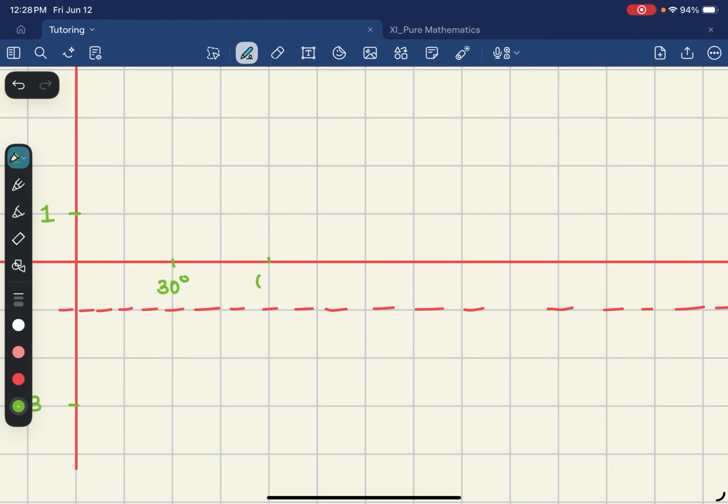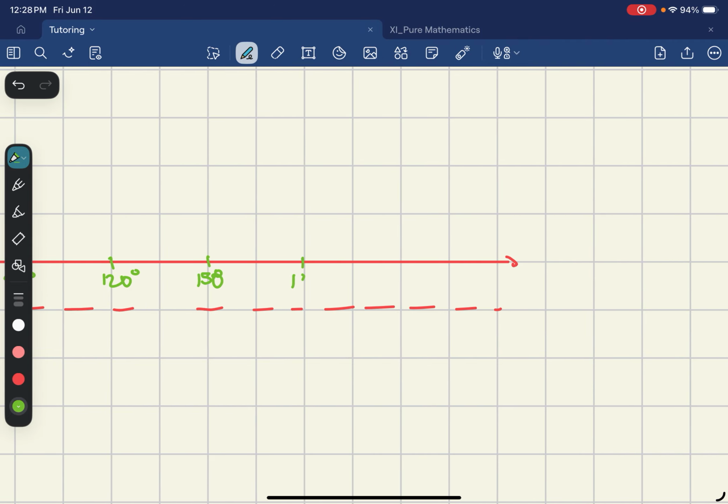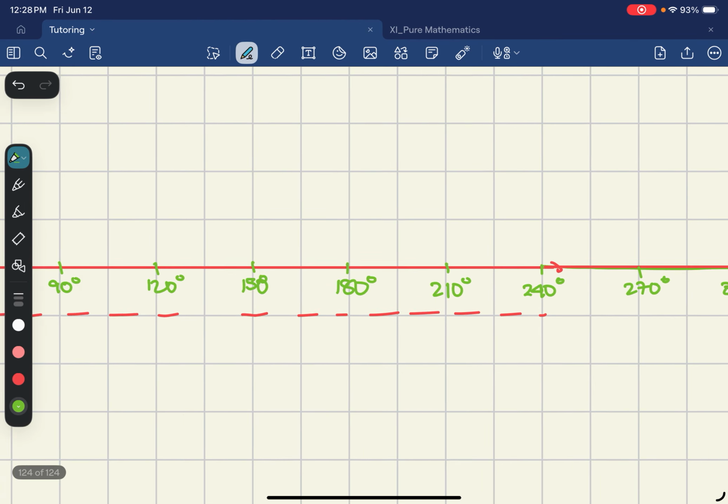So 30 degrees, 60 degrees, 90 degrees, 120 degrees, 150, 180, 210. Okay, let me draw my axes to be longer. 210, 240, 270, 300, 330, and finally 360, right? All right, so we're plotting it in degrees.